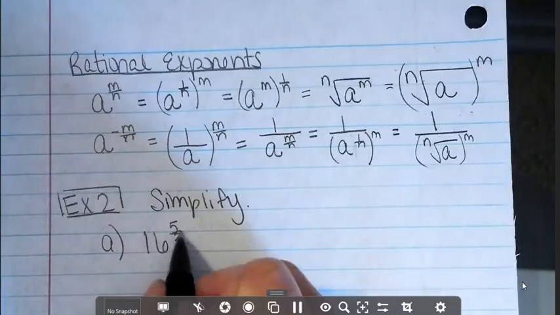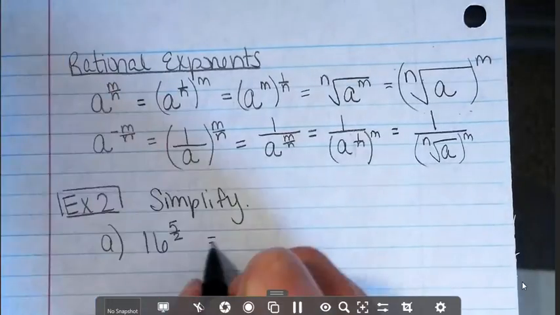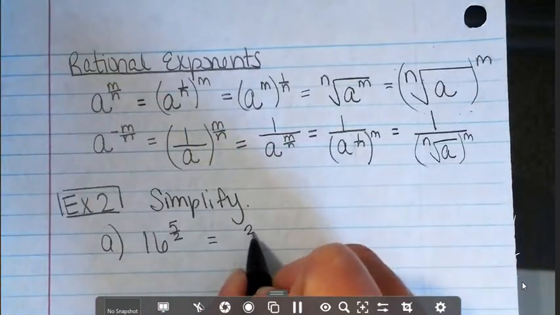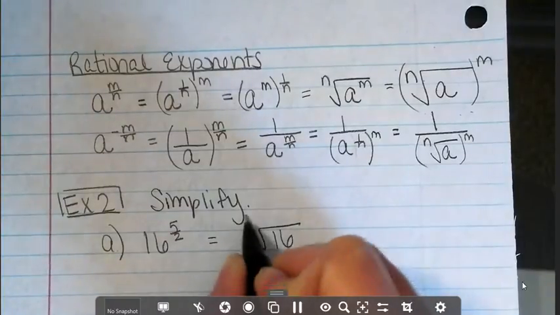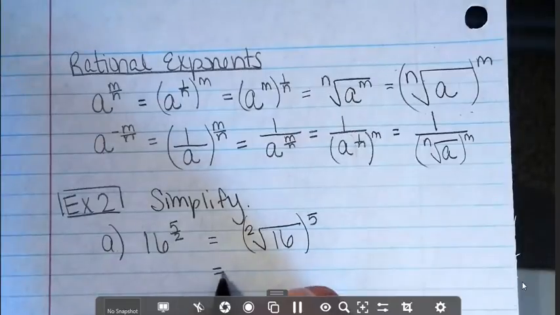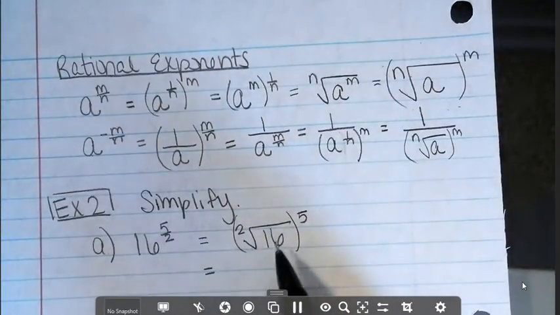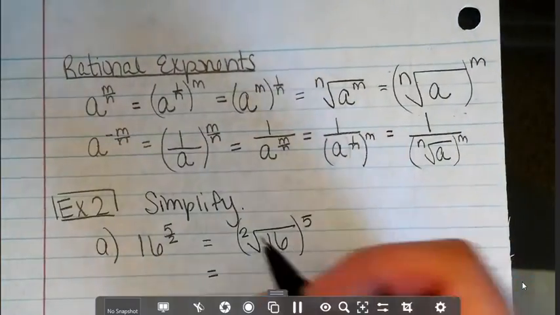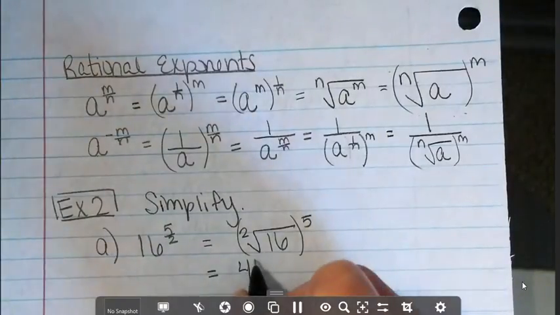And remember, whatever's in the denominator, that's the root that you're taking. So this is really the second root of 16 raised to the 5th power. So I need to figure out, what is the square root of 16? Well, hopefully you all know that. That's going to be 4. And then I'll raise that to the 5th power.